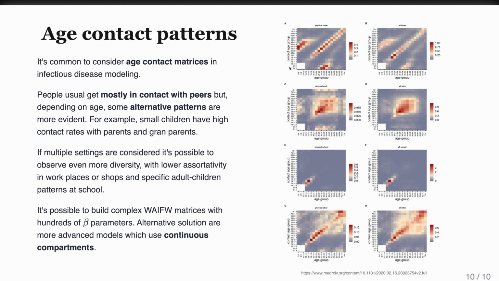And so when you have too many risk groups, it gets easier to consider an alternative modeling called continuous compartments, which we will not show in this presentation. Instead of having a lot of compartments and an exponential number of transmission parameters, we have a bidimensional distribution of the transmission risk according to, for example, the age.